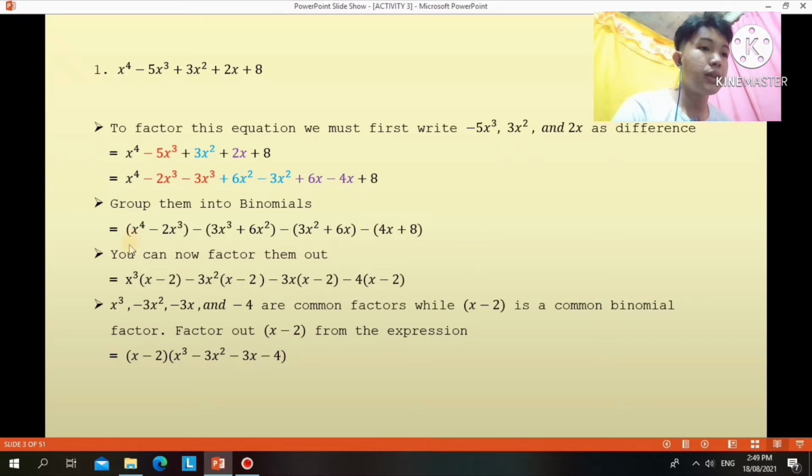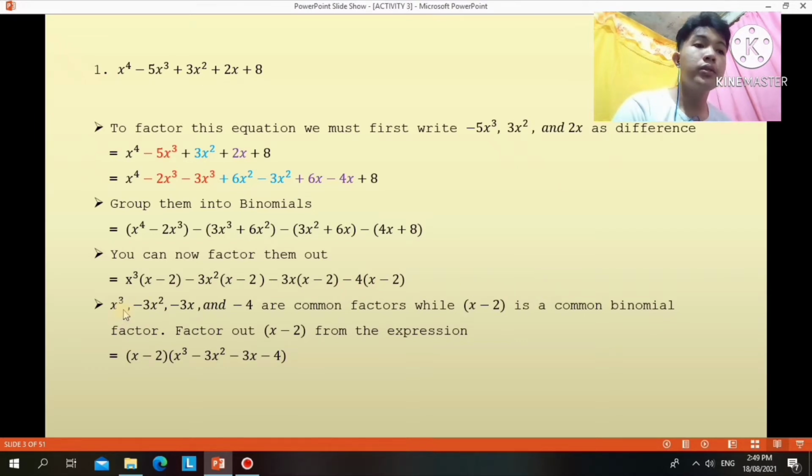The factor of x raised to 4 minus 2x cubed is x cubed times x minus 2. The factor of negative 3x cubed plus 6x squared is negative 3x squared times x minus 2. The factor of negative 3x squared plus 6x is negative 3x times x minus 2. Then last, the factor of negative 4x plus 8 is negative 4 times x minus 2.